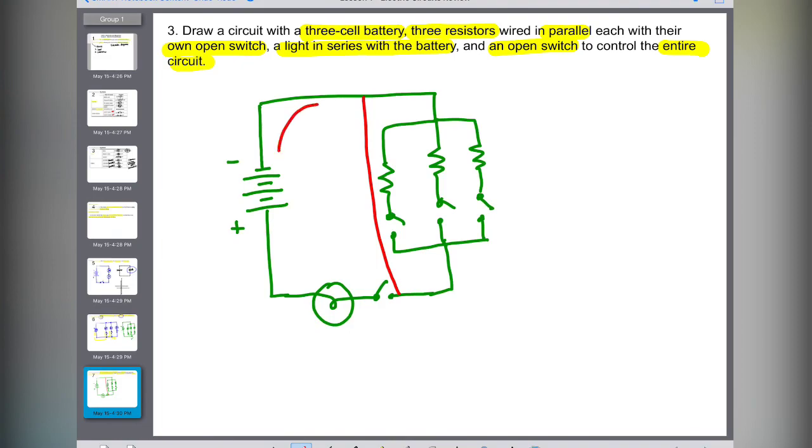Because all the current is only going to want to go through this red wire, because this red wire will have the least resistance. The current is going to go the fastest in the red wire, and so by choice, the electrons will want to go onto this line, and it'll overheat. Okay, so make sure you don't create a short circuit by putting an extra wire that is not needed.